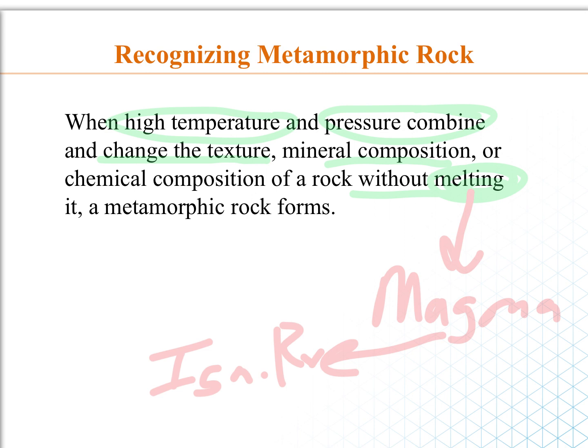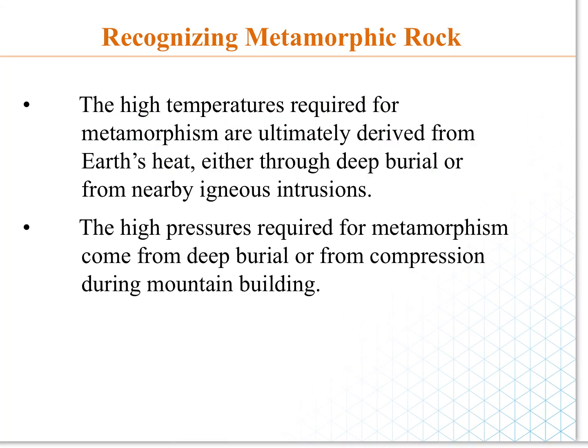All right, but that idea of change, metamorphism, right? It's going to take a little bit of time. And in the case of rocks, we're going to have some high temperature, high pressure to be able to make that change happen. So now you might be asking, well, where do you get the high temperature from, right? So high temperature required for metamorphism is ultimately derived from Earth's heat.